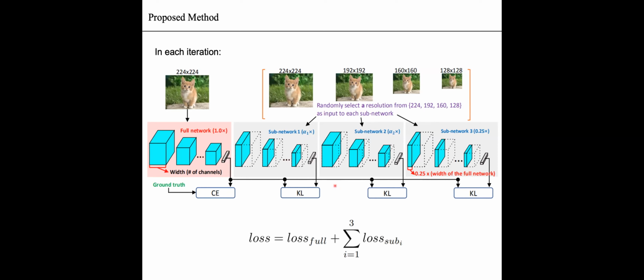You can use the ground truth for the subnetworks as well, but experimentally we found using the soft label with KL divergence loss performs a little bit better. This can be explained as the soft label being considered a label smoothing, which usually helps model training. The total loss will be the loss from the full network, as well as the loss for all these subnetworks. We sum them together.